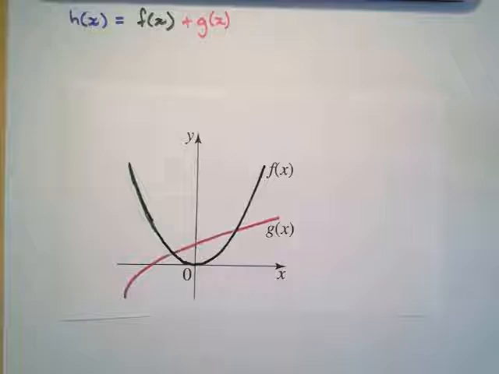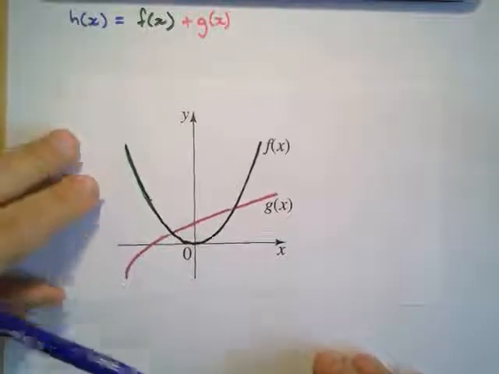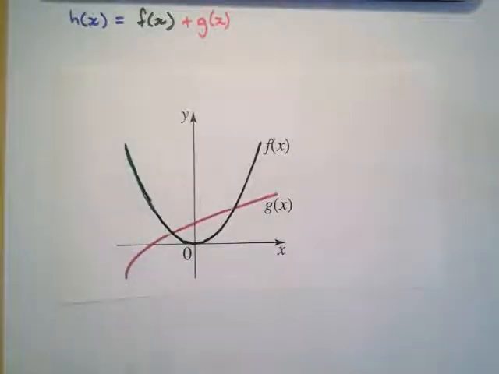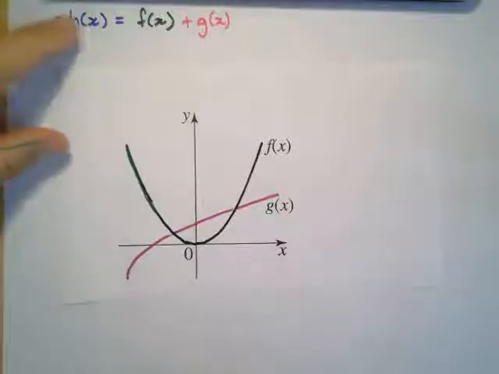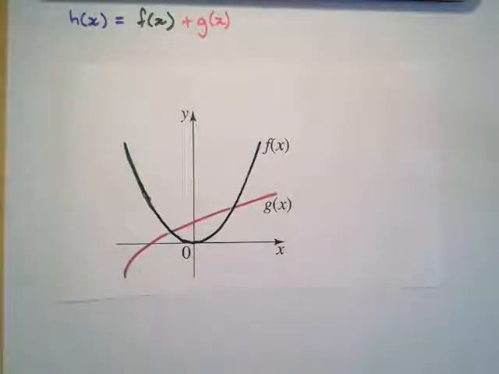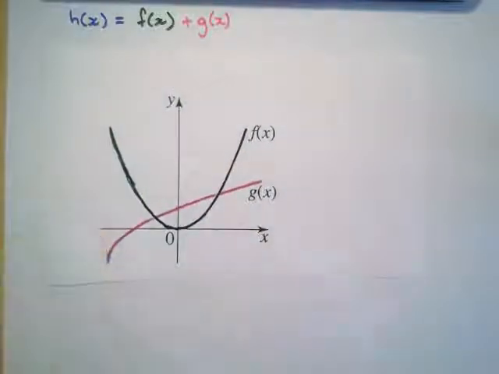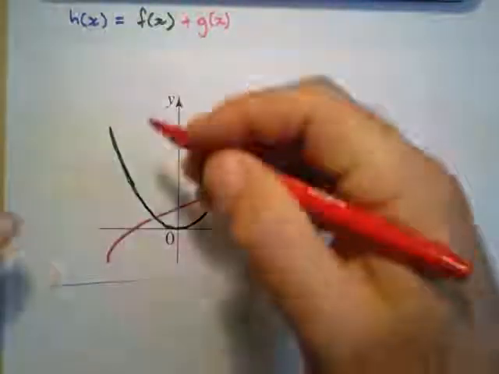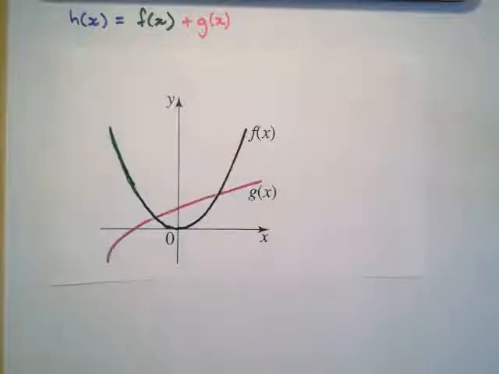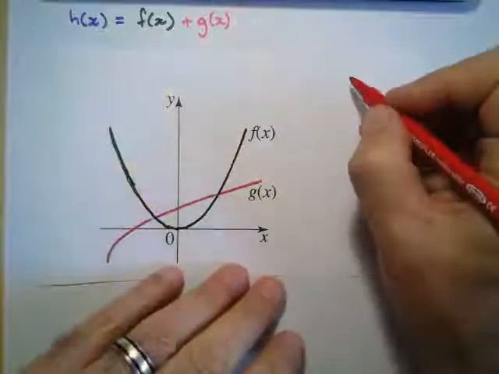Okay, and we're going to use the addition of ordinates to draw h(x). Now we said that at the start there's three places where we have to look. You can use any points, but the most important ones and the easiest ones to draw is if you first of all look at the endpoints.